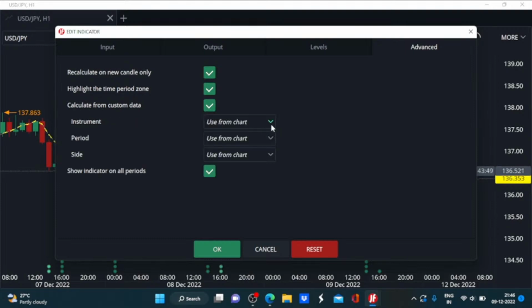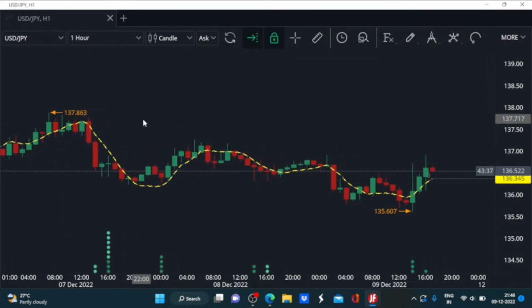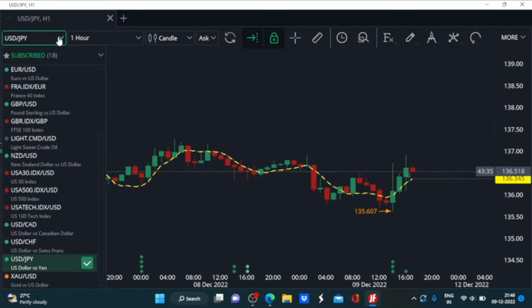Calculate from custom data. The instrument can be further customized. We have this option where this indicator can be used with almost all of the instruments available on the platform. You can use it for forex, commodities, indices, individual stocks. So all those options are there.